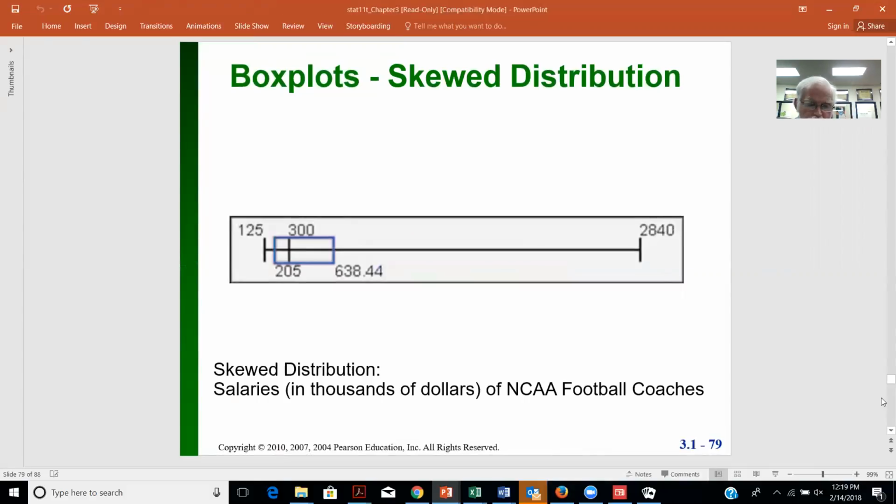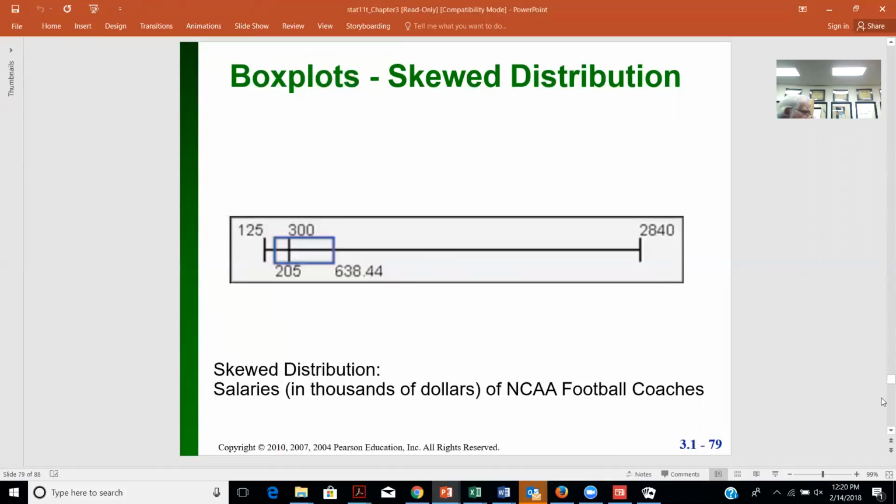Skewed, well, okay. Again, we're looking at the salaries of NCAA football coaches in number 79. No, our first quartile is 205.